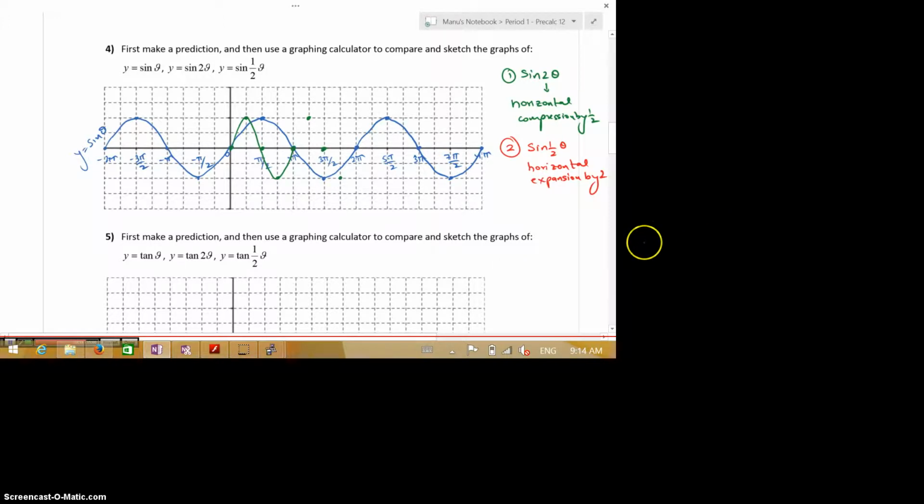And then half of 4 pi is 2 pi. So your next rotation ends up right here. And then with the same continuous pattern, you can fill in the gaps. Maximum, 0, minimum, 0. Maximum, 0, minimum, 0. Because it's periodic, it's going to oscillate this way.